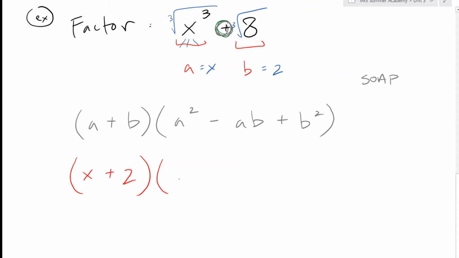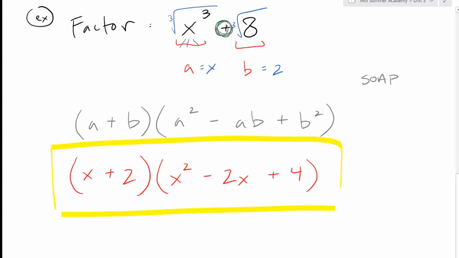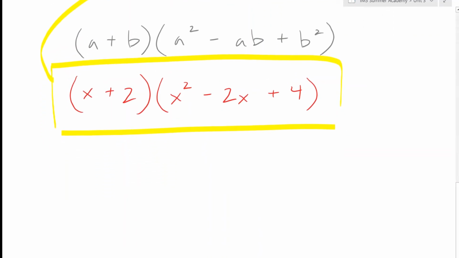A squared would be x squared, minus a times b, x times 2, if we rearrange that, is 2x, plus b squared, that's 4. And there you go, you have factored it, and that's as far as you need to go. So just plugging things into the equation. If you don't trust it, you can multiply this all back out, and you would get the original problem. That's all you need to do to factor it.